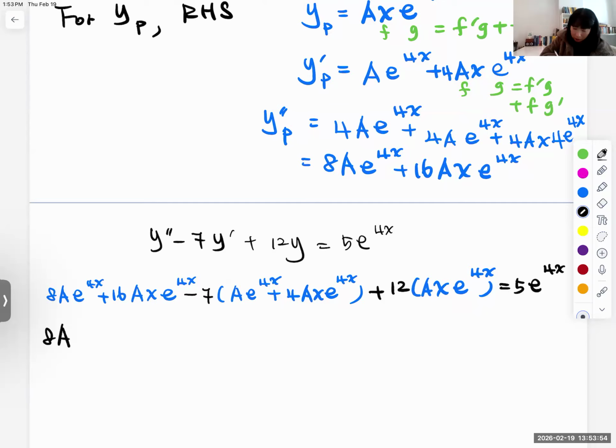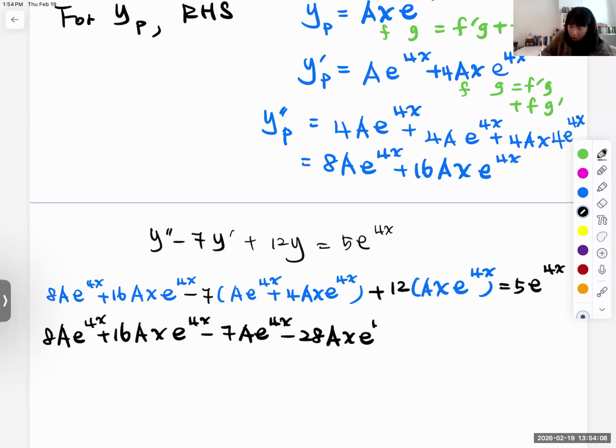All right. So let's distribute and then combine like terms. Minus 7a e to the 4x minus 28ax e to the 4x plus 12ax e to the 4x equal to 5 e to the 4x.